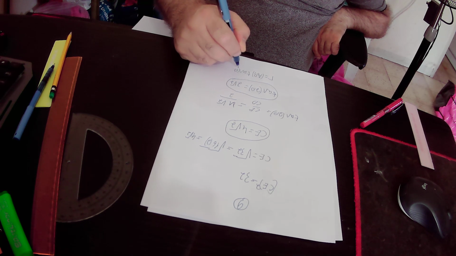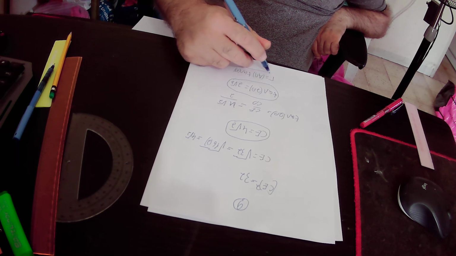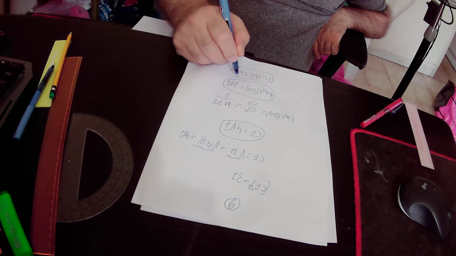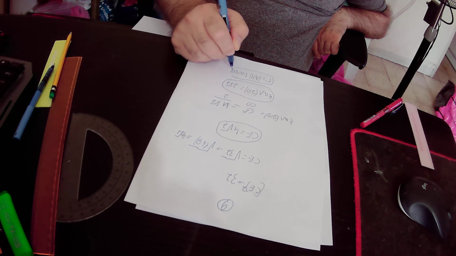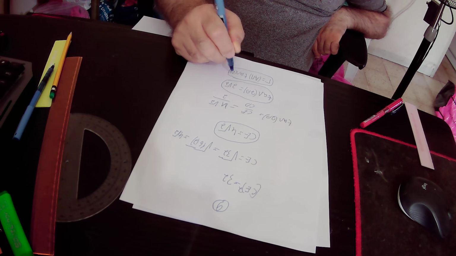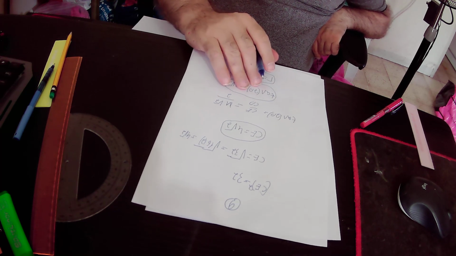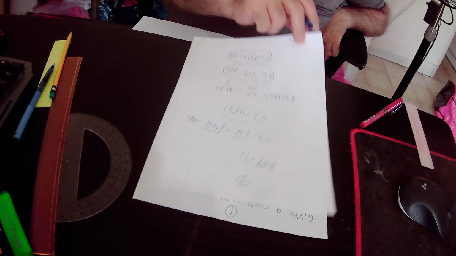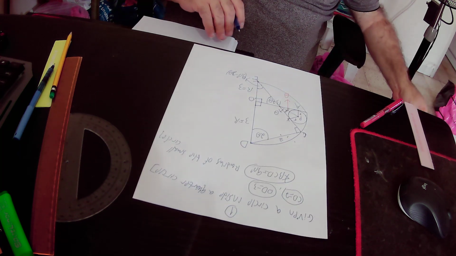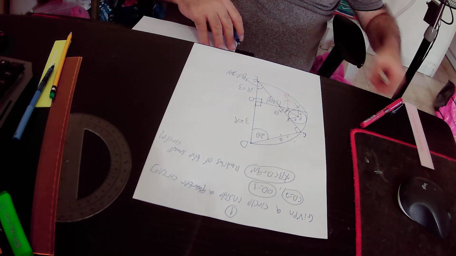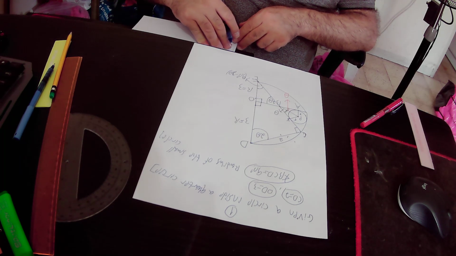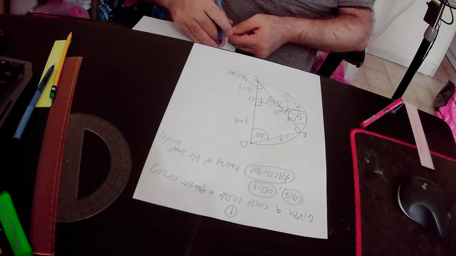So we want to find out the value of tangent theta, and we don't have it, but we have the value of tangent 2 theta. So in order to get tangent theta from tangent 2 theta, we will use a trigonometric identity.